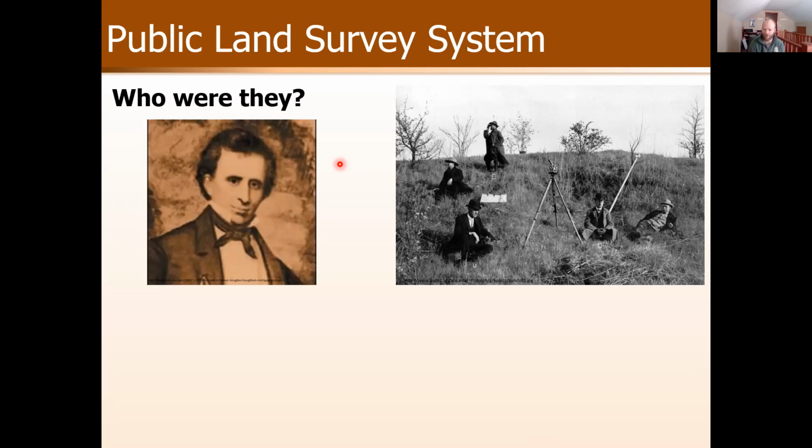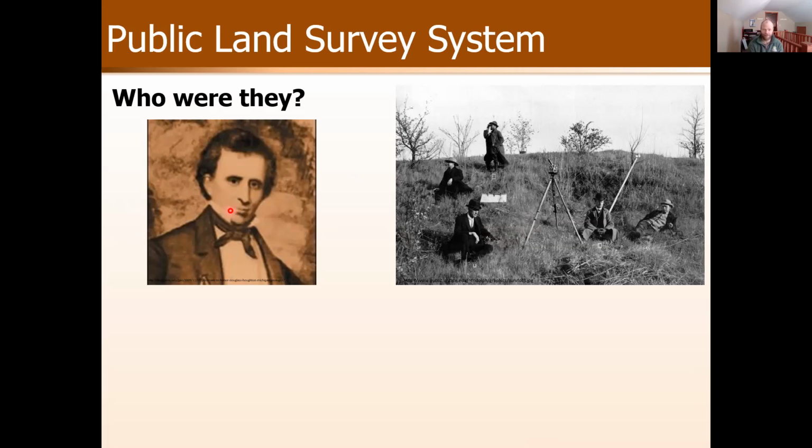And so who were these public land surveyors? Here's a picture of some original public land surveyors, at least creating this grid. Looks like they're hard at work, maybe, or they're just lounging around. Well, anyone know who this person is? Any idea?